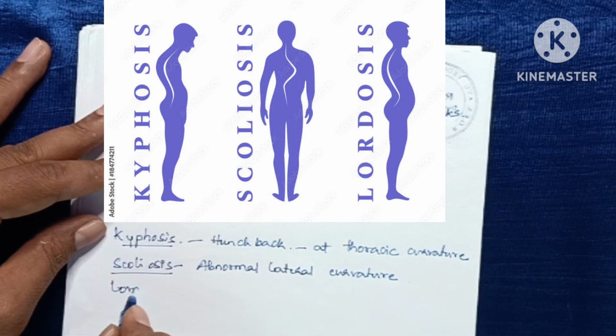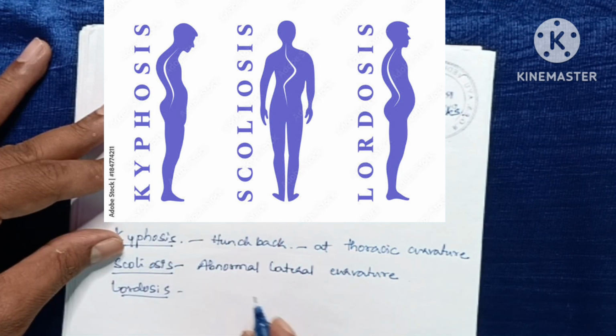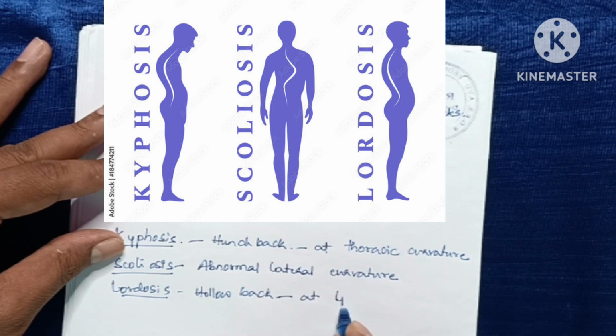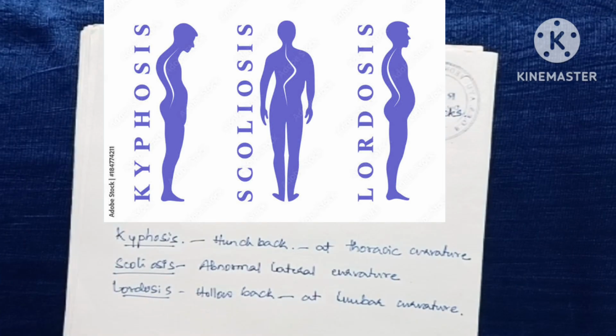Next is lordosis, also known as hollow back, which develops at the lumbar curvature. These are the details about the vertebral column.